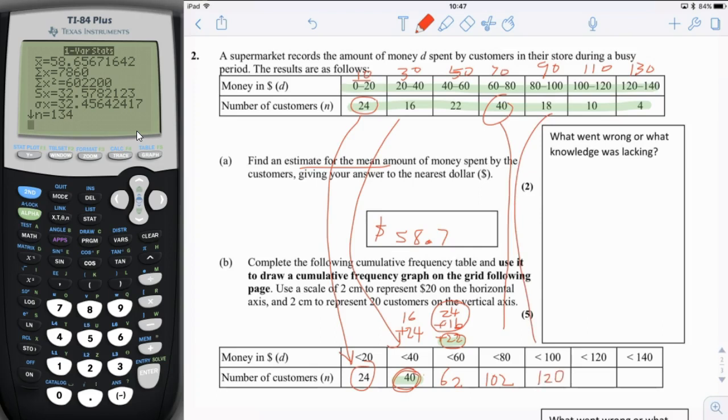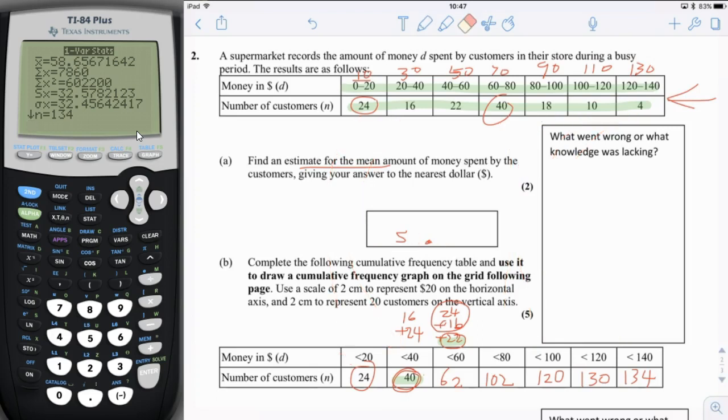Then we could add up 120 with 10, which is 130. Now do you see why they call it a cumulative frequency table? 134. So the total is going to be 134. And if you add up all the numbers here, you should get a total of 134 anyway, right? Okay. All right. So we filled in the cumulative frequency table, and now we're going to use it to make a cumulative frequency graph.